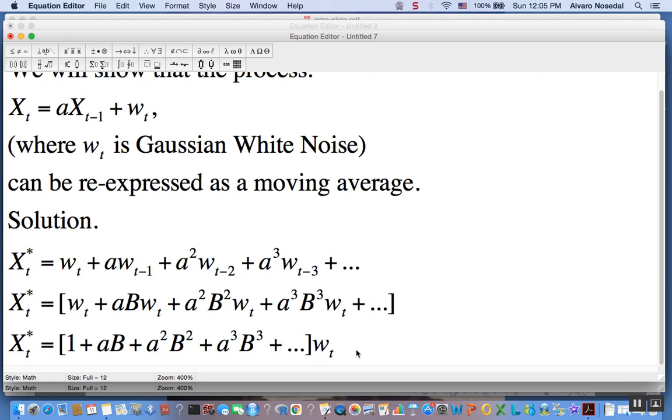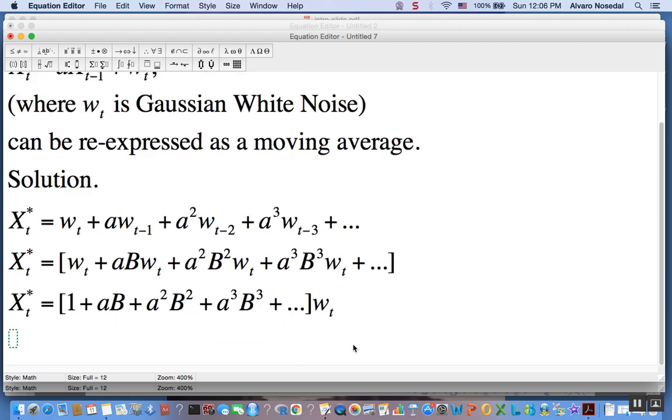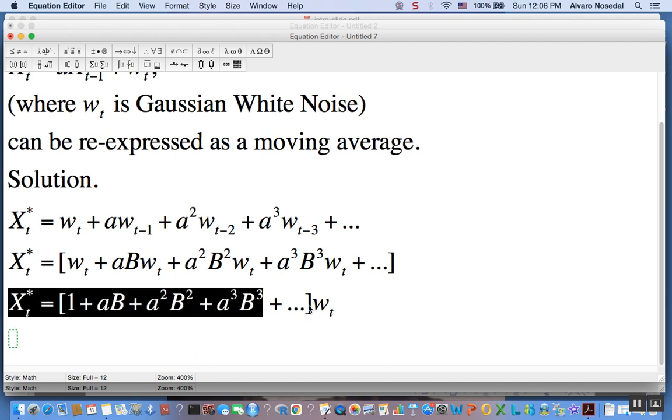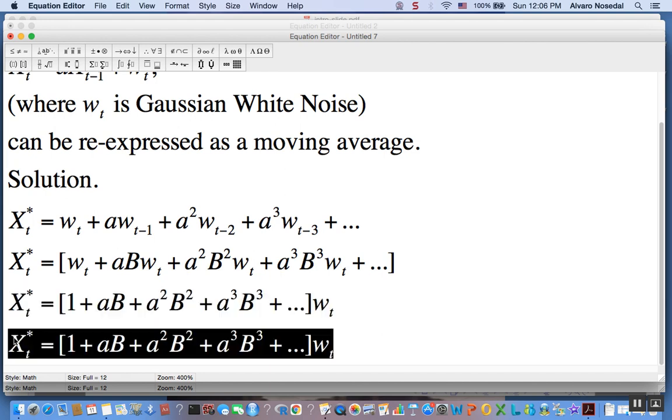Make sense? Okay, now take a look at this expression inside those square brackets. We could rewrite that using the formula for a geometric series, okay? So let's do that. Let's rewrite what's inside those square brackets with the formula that we previously found.